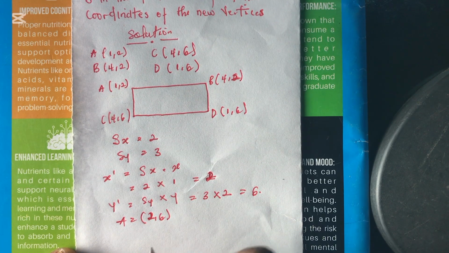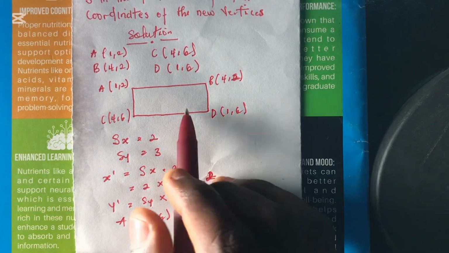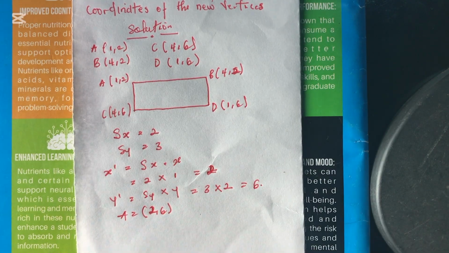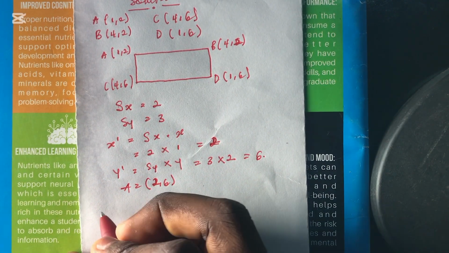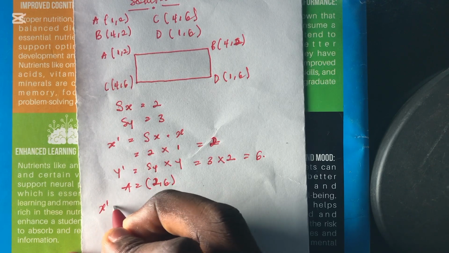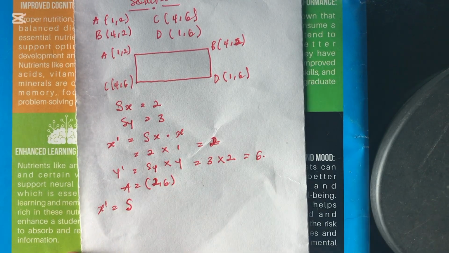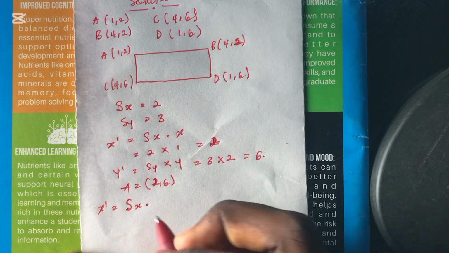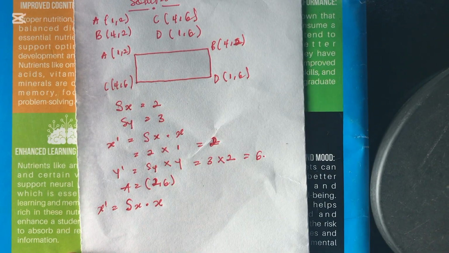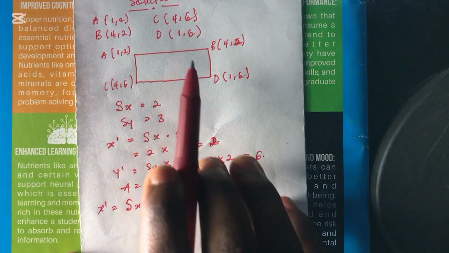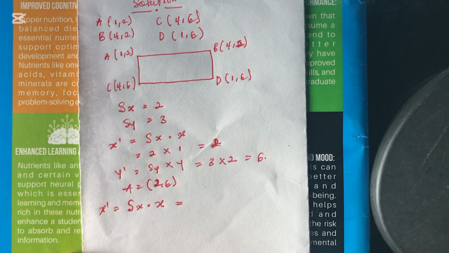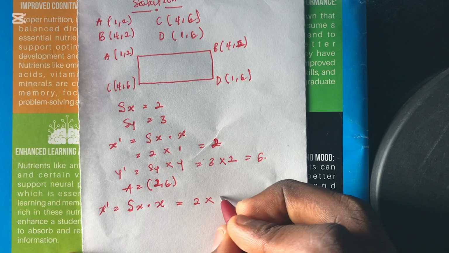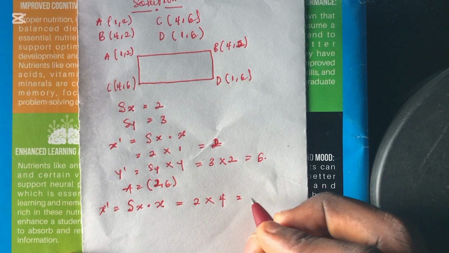Now for B, it's the same thing. Our x prime is the scale factor multiplied by x. The scale factor is still 2, multiplied by x, which for B is 4, so 2 times 4 is 8.